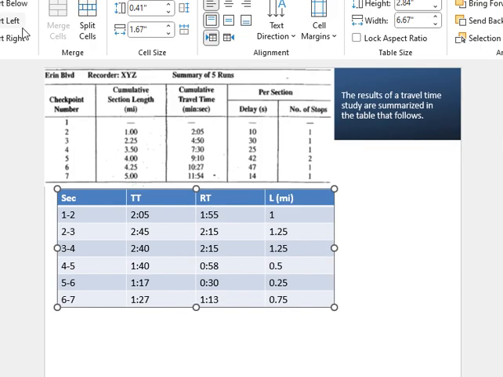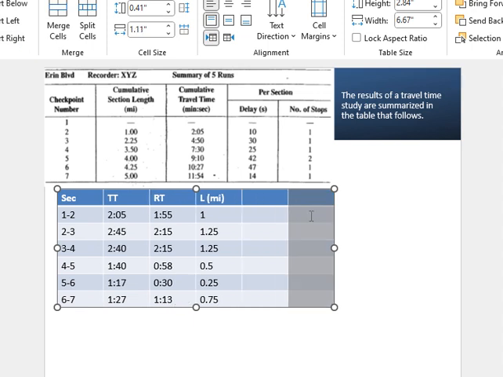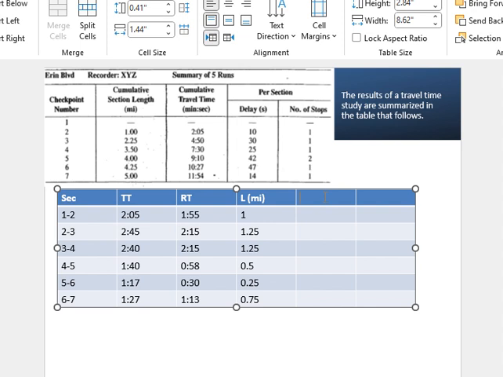Then using these values, I will calculate the travel speed and the running speed. Start with travel speed. I want the value in miles per hour. Then the running speed, in miles per hour. Speed is distance upon time, right?